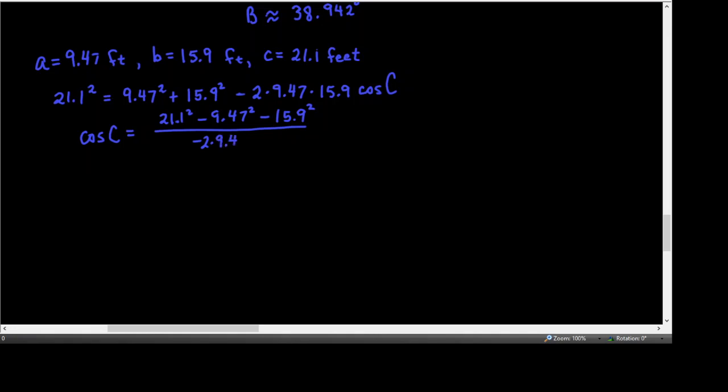And I'm actually okay if you skip to this like I did. And you don't have to write as many steps as I did the first time we did that. I just don't think that's necessary. And so C will be cosine inverse of that mess. And it's now in calculator ready form.